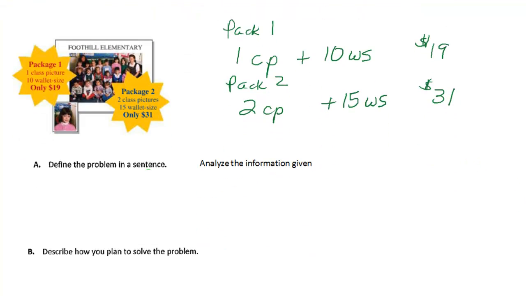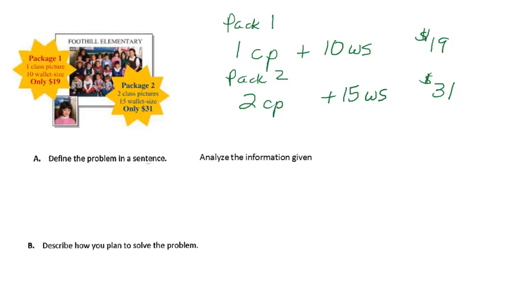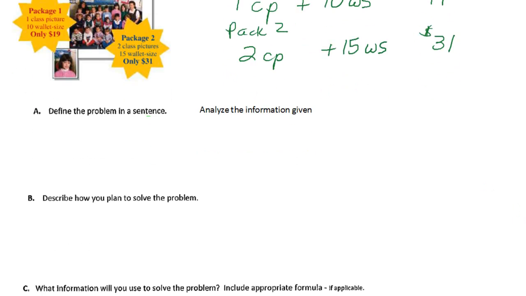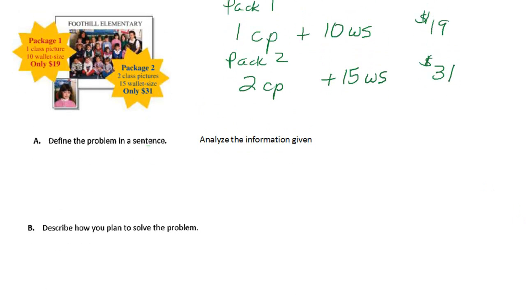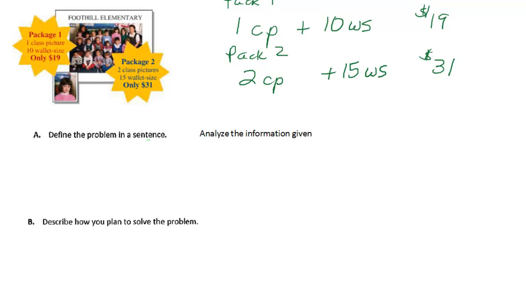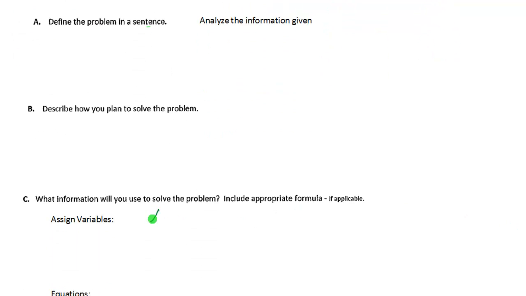And so we want to find the cost of the class picture and of 1 wallet size picture. So let's define 2 variables. Let's let C be the cost of 1 class picture.